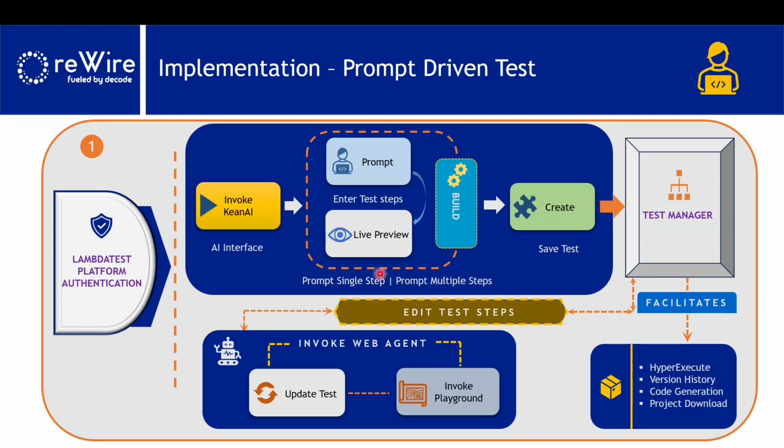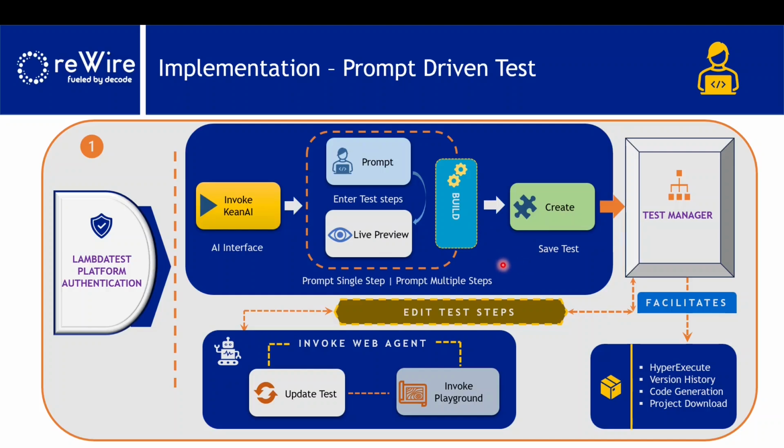These are the two approaches that can be done from the prompt driven test. One by one, either, hey, navigate to the application, enter the values, and complete the form submission. Like that you can give it. Or else all the steps at a time in one go, you can give it.